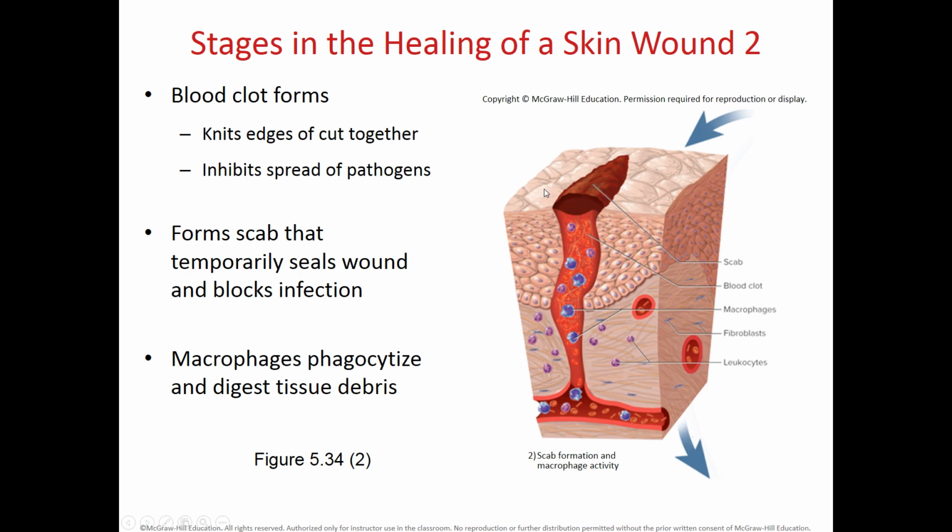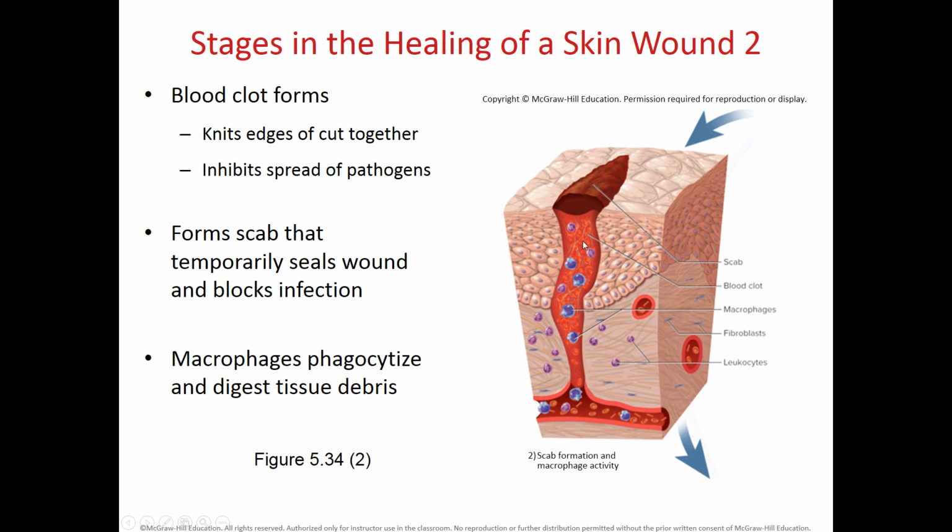So the second step of wound healing is the formation of a scab and the activity of cells that we call macrophages. Just in case that someone has an open wound initially and some microorganisms from the environment come into the wound, these macrophages will start eating up these bacteria.